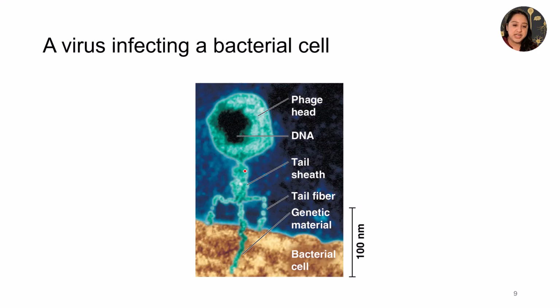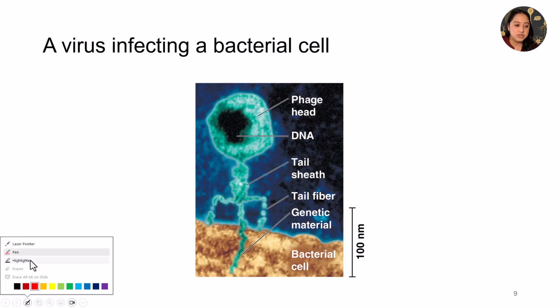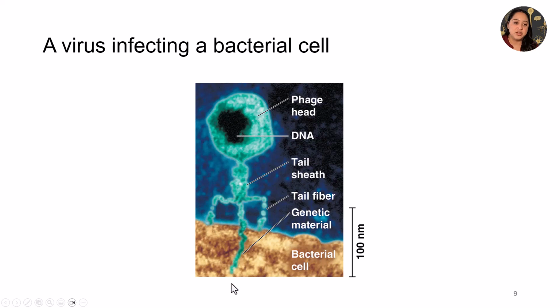And it kind of injects its DNA into the bacteria through this tail. Here's the head, the tail, and then it injects the material in there. And these are tiny, tiny, tiny. Bacteria are huge in comparison.